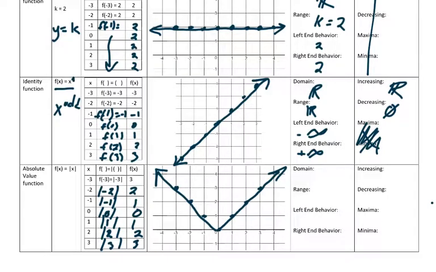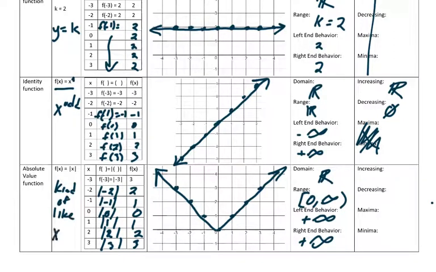So notice the domain is all reals. The range, on the other hand, is 0 to +infinity. The left end behavior is +infinity, and the right end behavior is +infinity. So in this way, it's kind of acting like an even function, an x to the even power function.